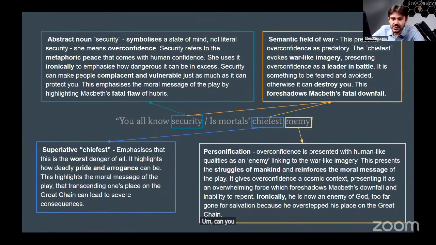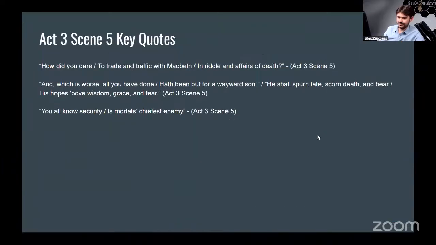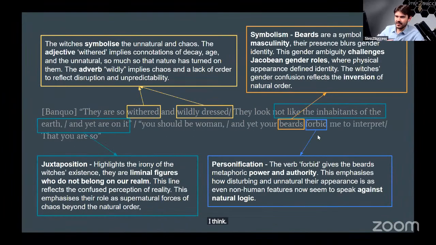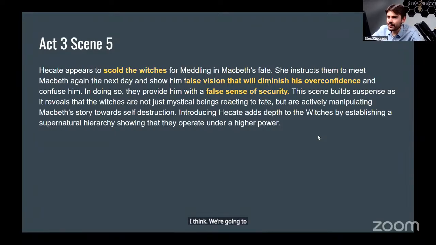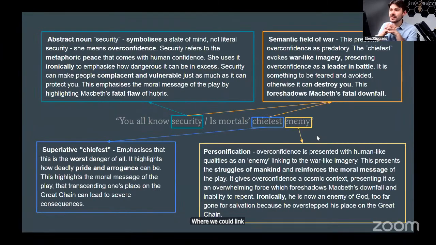Can you link that quote to another one from part of that text? Let me think off the top of my head. I'm talking about "security is the chiefest enemy." Think. We're going to cover the character of Macbeth later down the line. And I think you benefit from coming back to that one because there are quite a lot of Macbeth's quotes where we could link this idea of overconfidence.